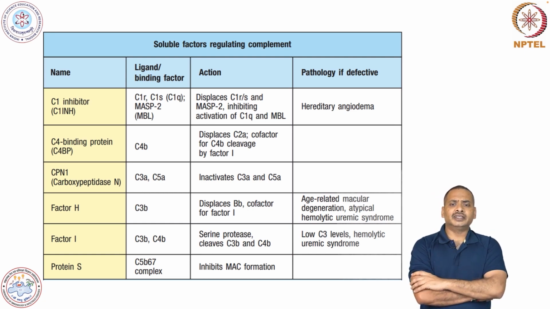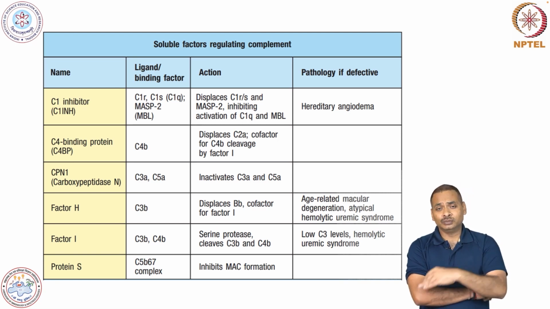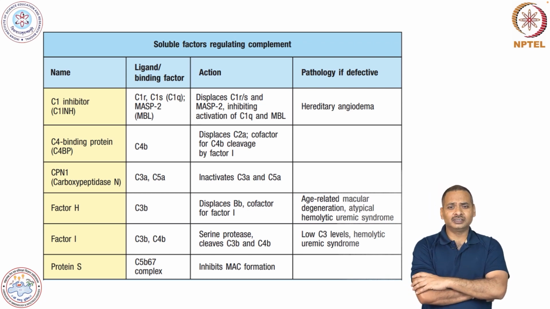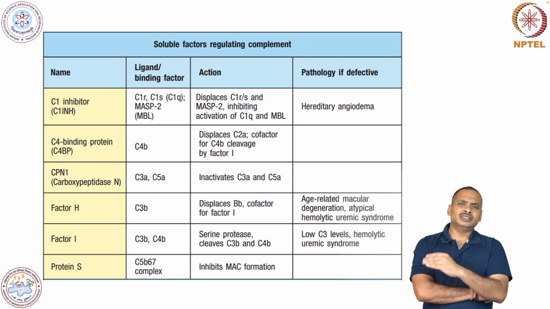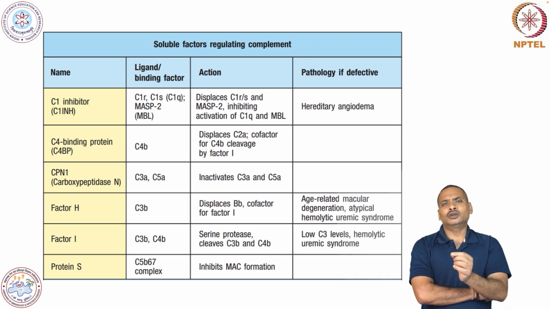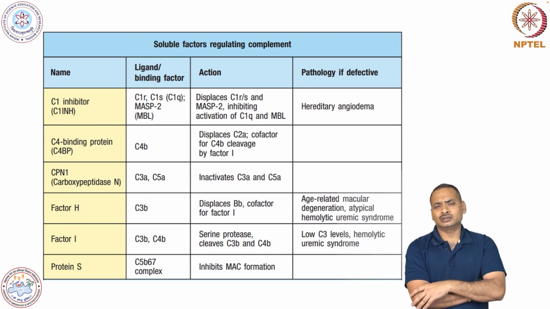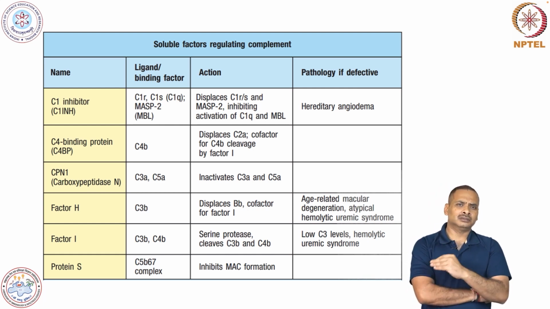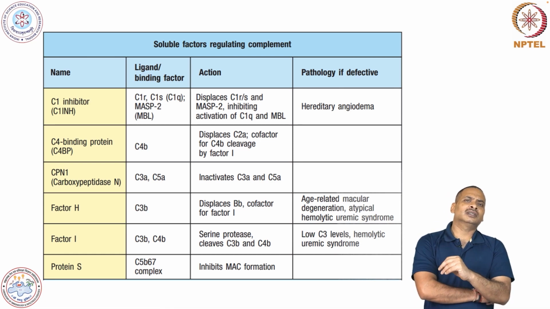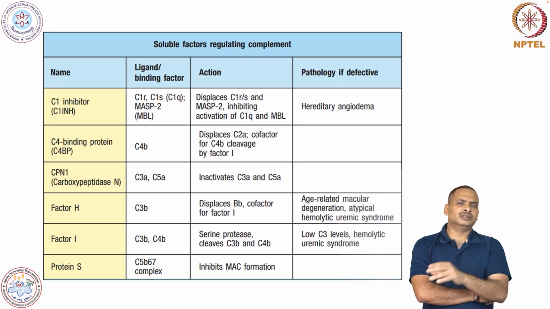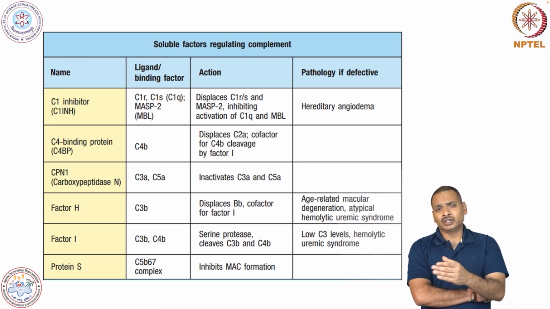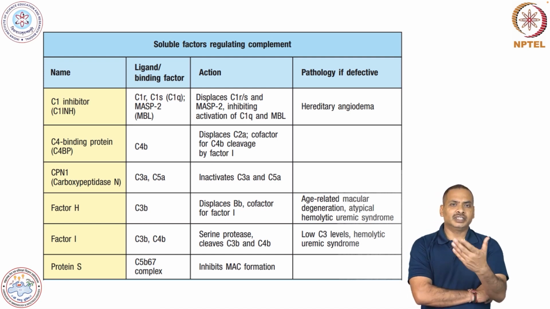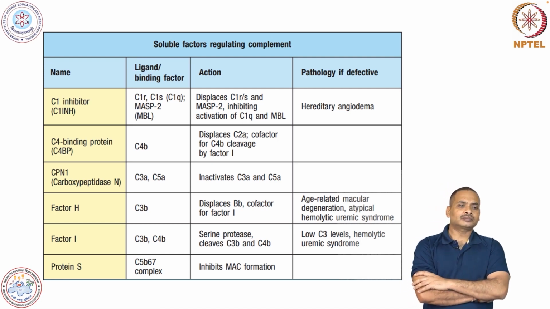Another could be atypical hemolytic uremic syndrome. This is also a very rare disease. In this disease there is formation of small clots, and these clots can go to any place, particularly the kidneys, and then that causes a variety of problems.